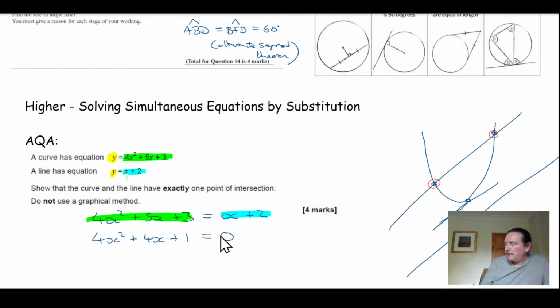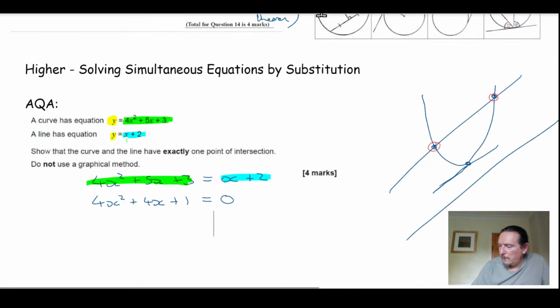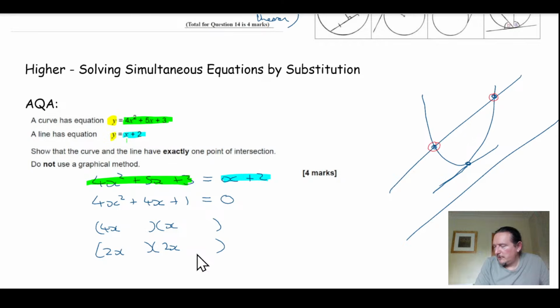Okay, so now I'm going to have to see if I can factorize this. Hopefully I can. I hate it when you've got 4x at the beginning because there are different possibilities. It might be that you've got 4x and x, or it could be that you've got 2x and 2x. Luckily at the other end we've got a 1, so not many factor pairs of 1, are there? There's only 1 and 1.